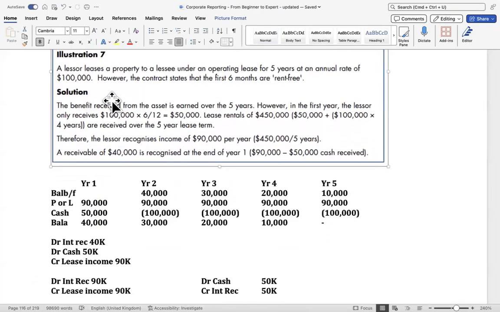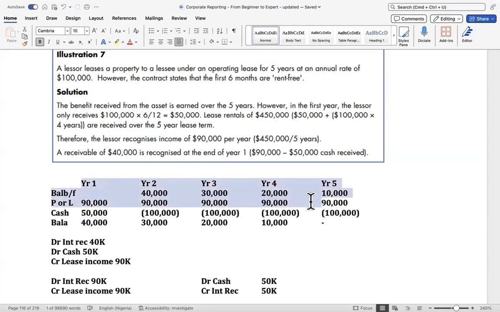The best way we usually do it is we look at how much I am actually going to receive over the period, then you divide that over that period, so that you're recognizing the same amount to P&L every year. When you do that, it has an impact, because there will be a receivable that you also need to recognize in your statement of financial position. I intentionally showed you the entire period just so you know that it will clear off to zero eventually.